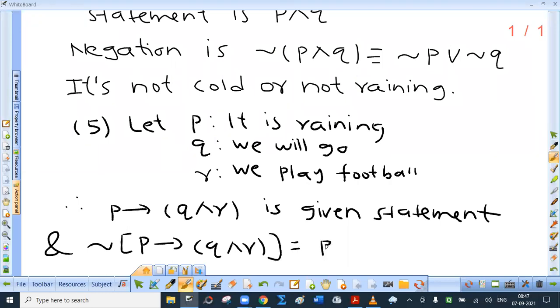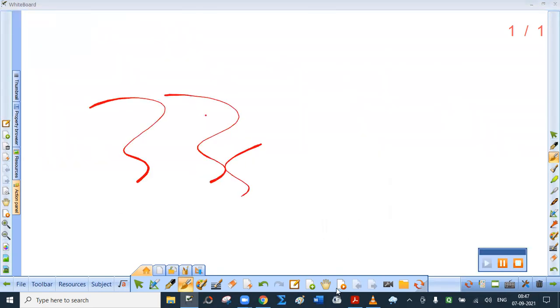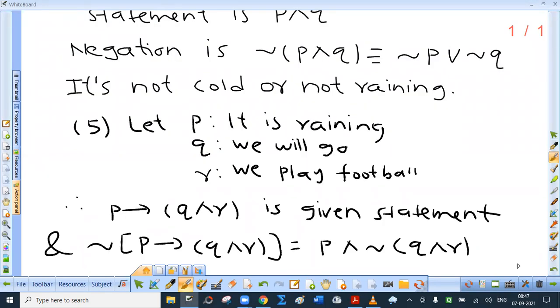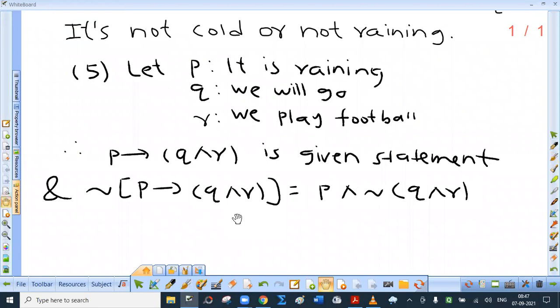So this is P and negation of (Q and R). That is P and, now it is negation of (Q and R), it is negation Q or negation R.